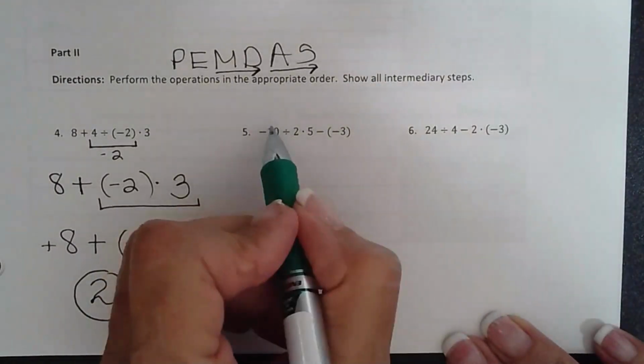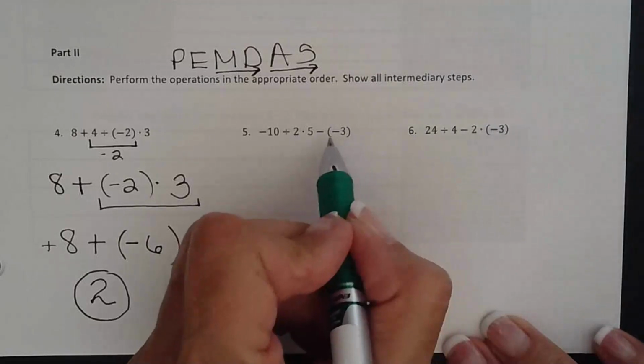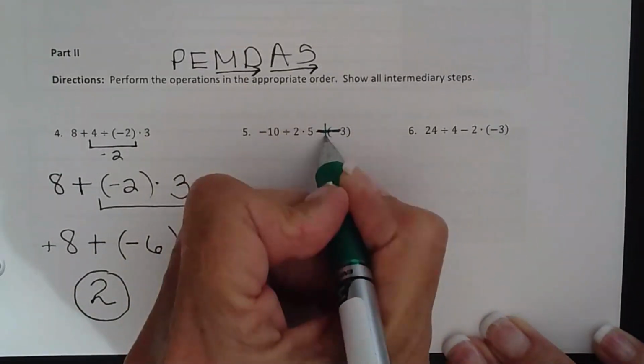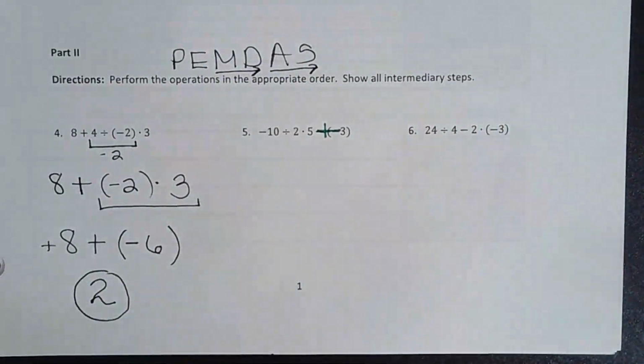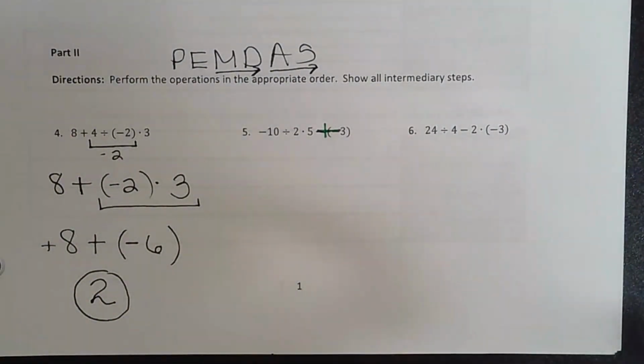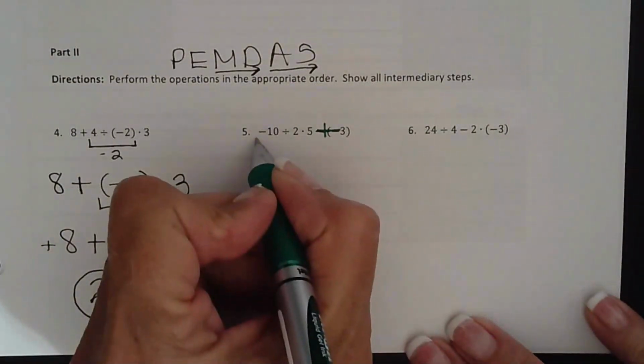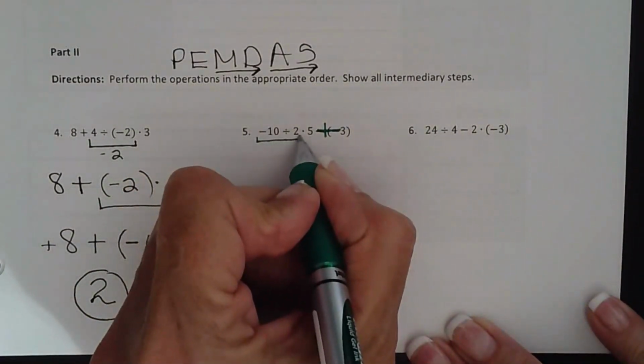Okay, so multiplication and division come before addition and subtraction. I am going to do this because remember what I said? Every single time for the rest of your life you see a double negative, immediately change it to positive before you do anything on the problem. So left to right, -10 divided by 2.